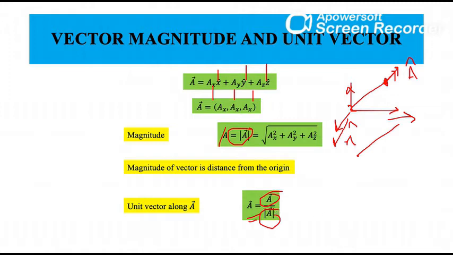Okay, so if I have 10 x hat as a vector along x direction, then I will divide it by 10, which is the magnitude of this vector. I will get a unit vector along x direction.